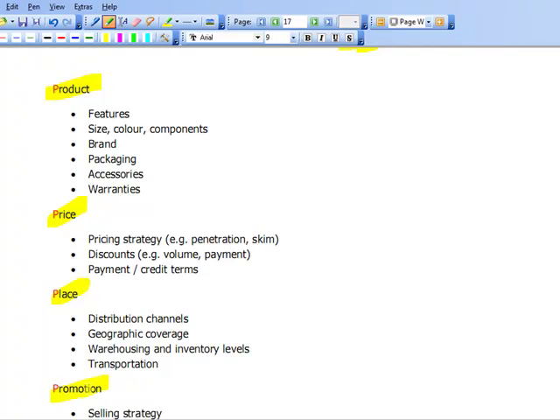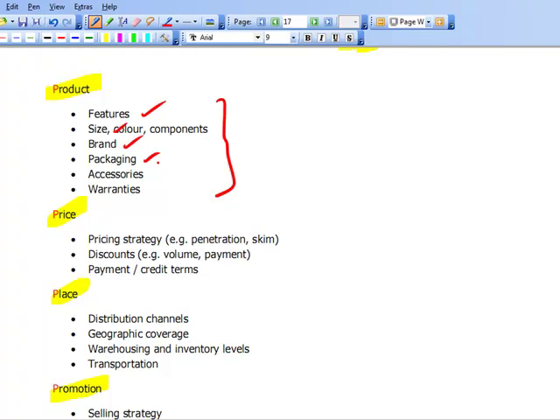So when we're approaching various segments, we can use any of these 4 Ps, these controllable variables, to adjust things. So, for example, product. Let's look at that. Product includes features, size, the brand, the packaging, accessories and warranties.